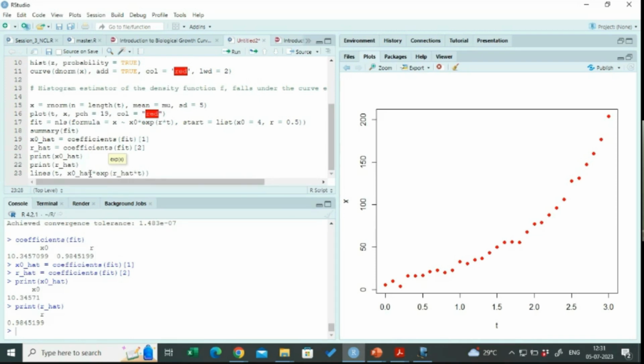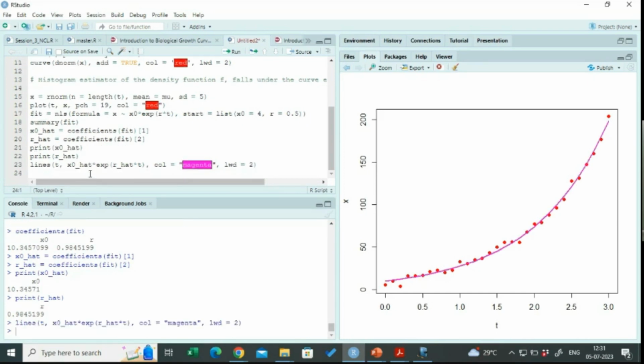You can add this because this is your expected, this is your fitted line, right? You can give some color equal to, say, magenta, and lwd equal to 2 and lty. I think it's fine. This magenta line is your fitted line. So this is the non-linear least squares.